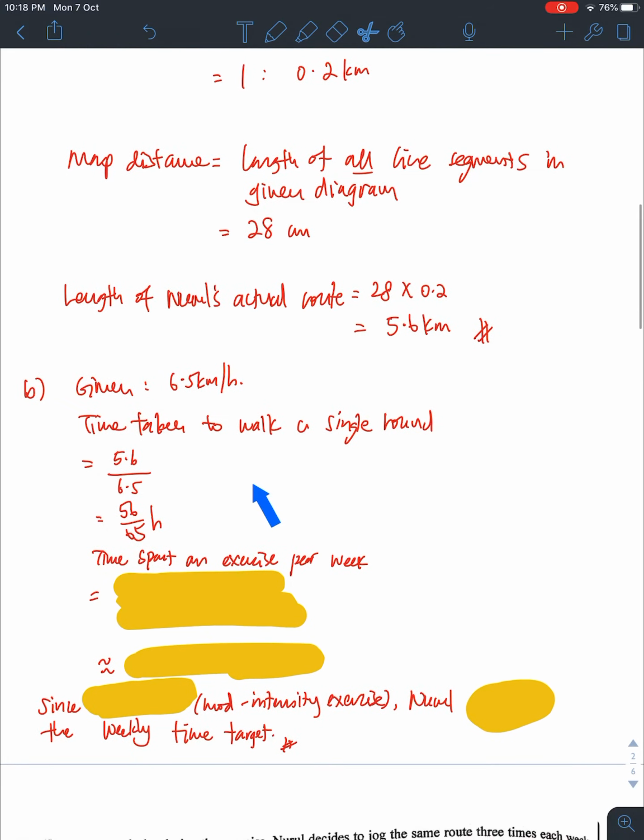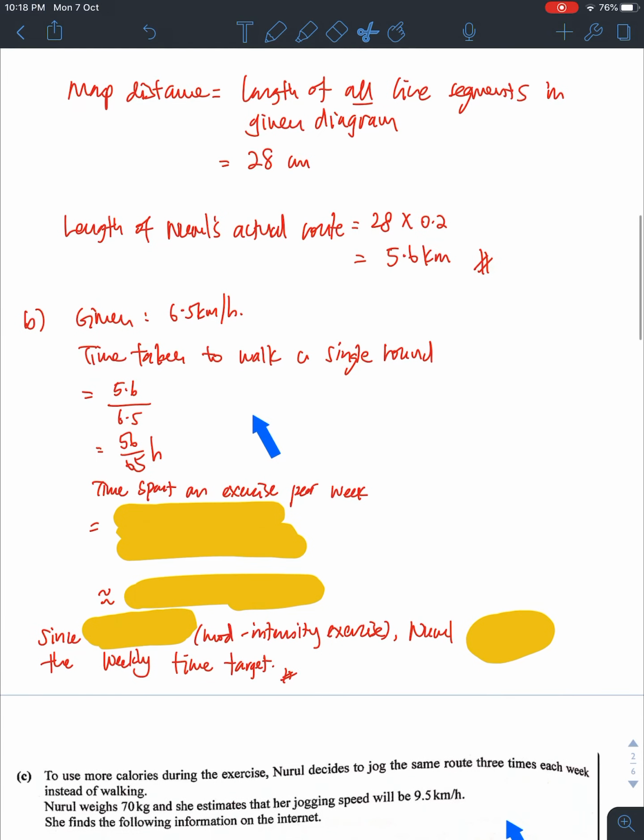The time spent on exercise per week is this time multiplied by 3 because she exercises 3 times a week, am I right? And we have to multiply further by 60 to convert this quantity to minutes.